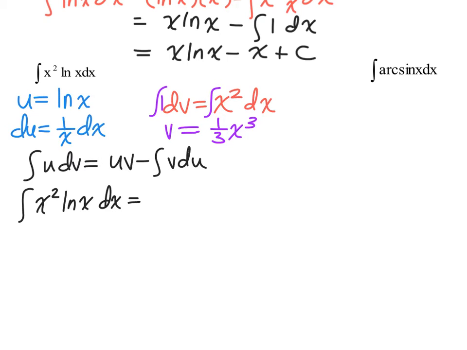Maybe I want to put the v in front just for clarity. So 1/3 x cubed ln of x. It's fine because multiplication is commutative. Minus the integral of v du. So 1/3 x cubed times 1/x dx.